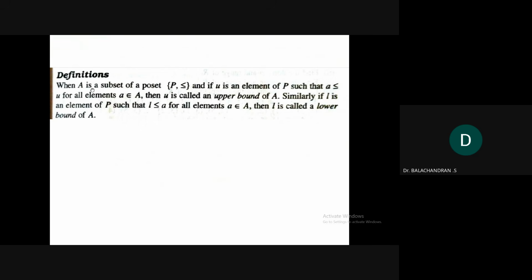A is a subset of the poset (P, ≤), where poset means partially ordered set.